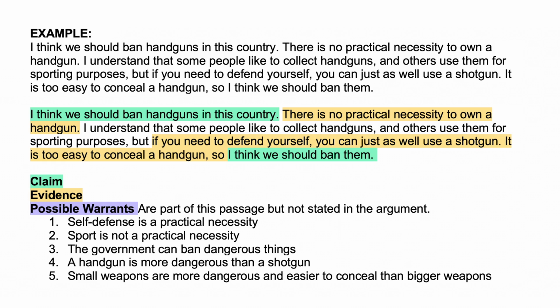The government can ban dangerous things, and a handgun is more dangerous than a shotgun, and small weapons are more dangerous and easier to conceal than bigger weapons, right? And so what we have right here are the five values that the person holds that allow them to create this whole claim, right? And those five values are the warrants, right?